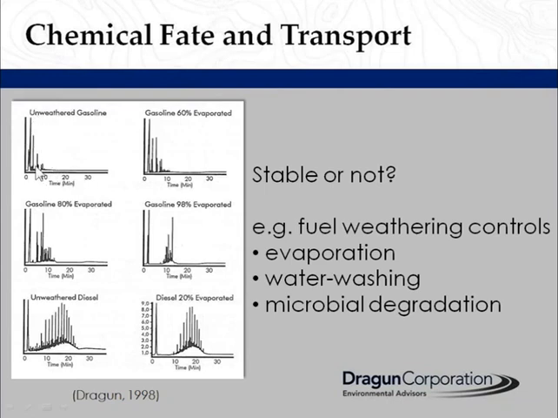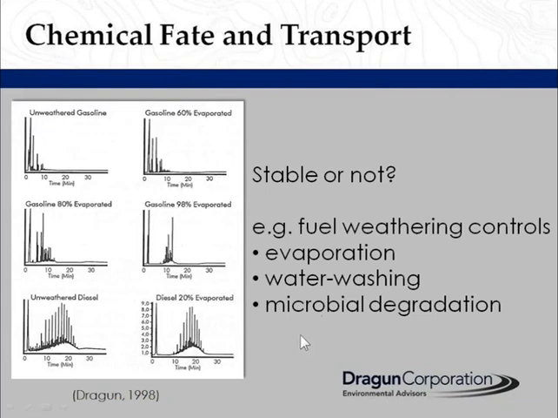And this is what an unweathered gasoline would look like. Gasoline that is evaporated will tend to lose these early components, and the height of the late components will become lower. And this is what diesel might do when it's evaporated.